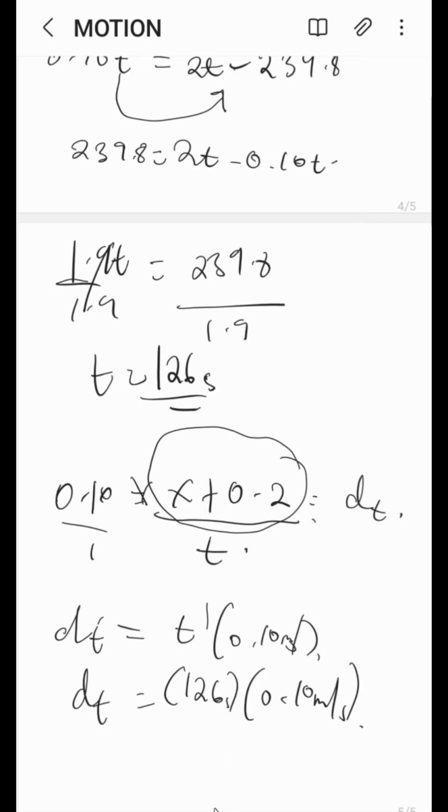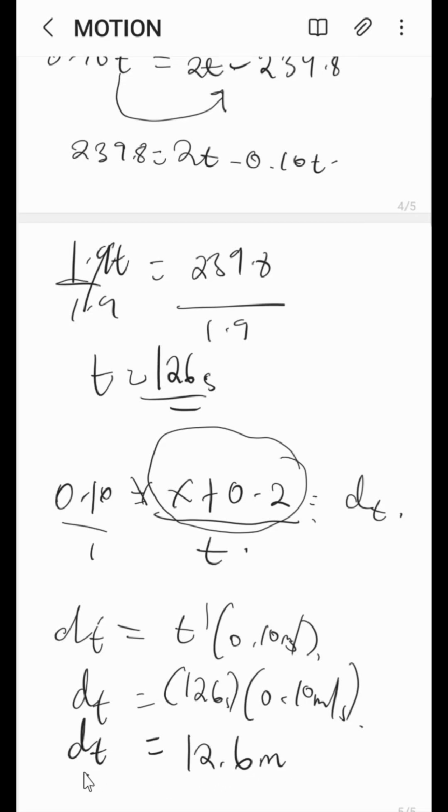Signs are cancelling out, like I said earlier. So 126 multiplied by 0.10 will give you 12.6. This is going to be your distance, in meters.